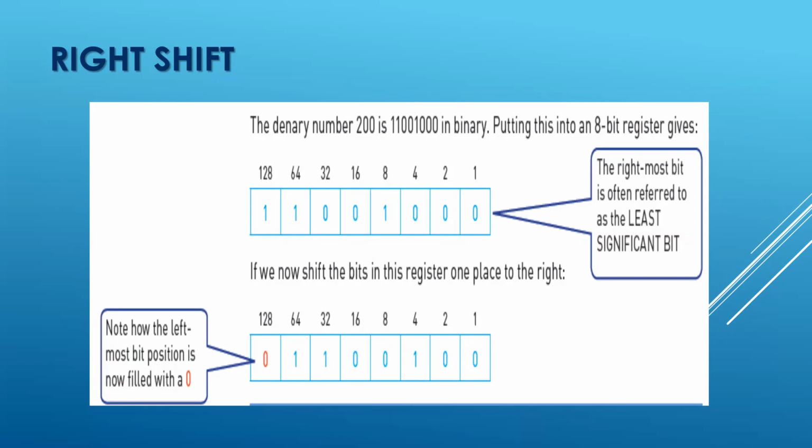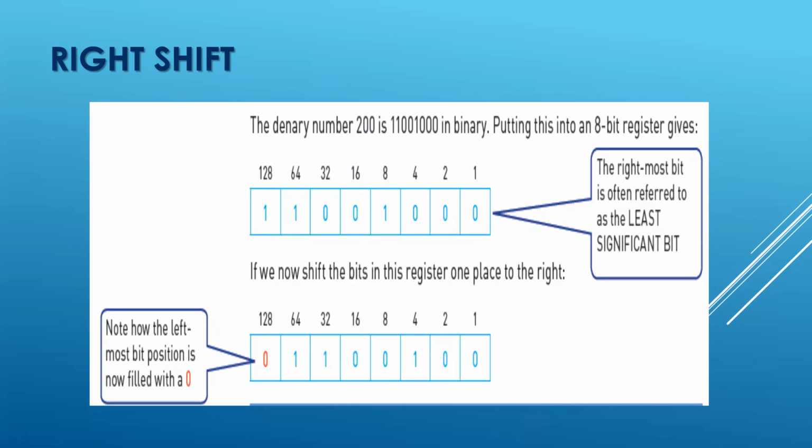Now you can see it is going to result in bits moving out from here. So 1 place right means that this bit will be lost. This 0 will come here. This 0 will come here. This 1 will come here. 0 will come on this position, 32 will come on 16, 64 will come on 32, 128 will come on 64.